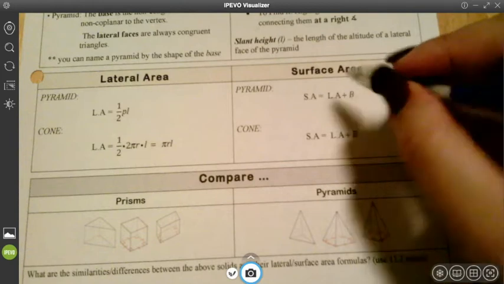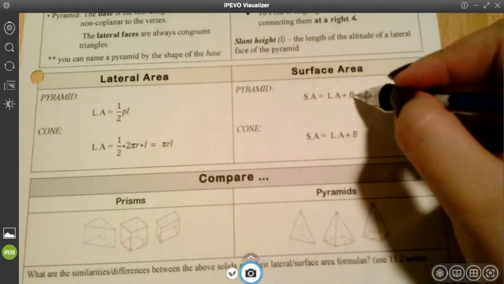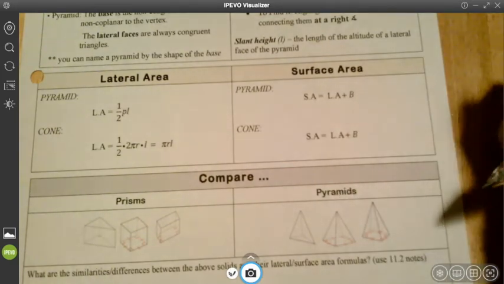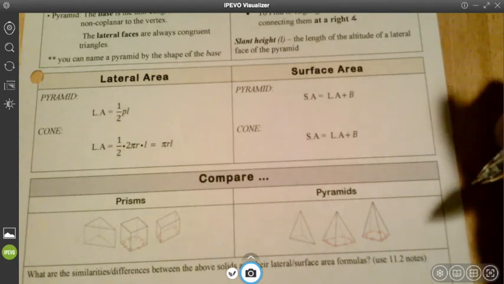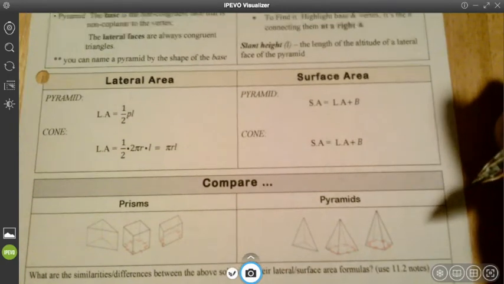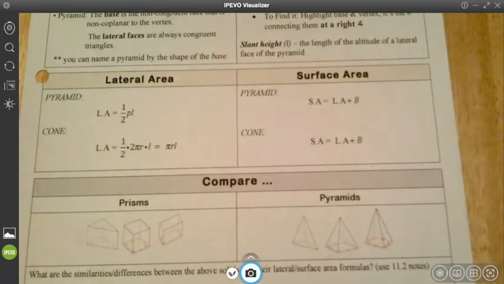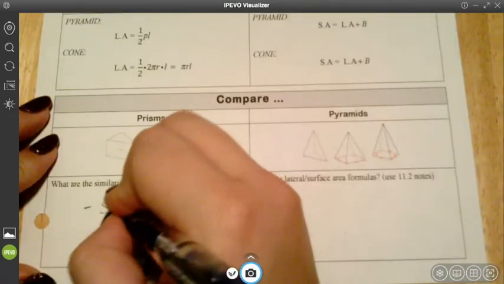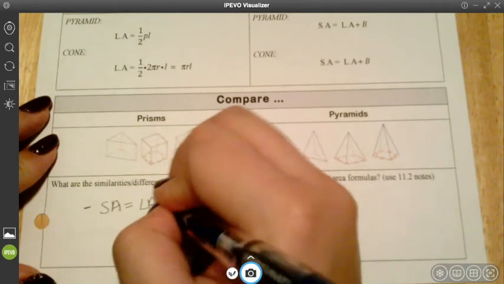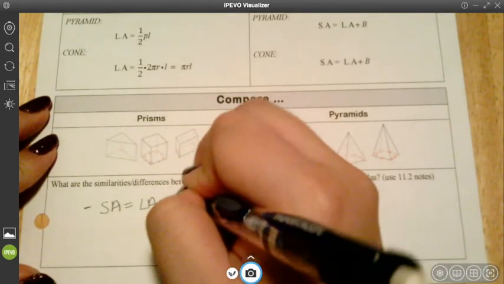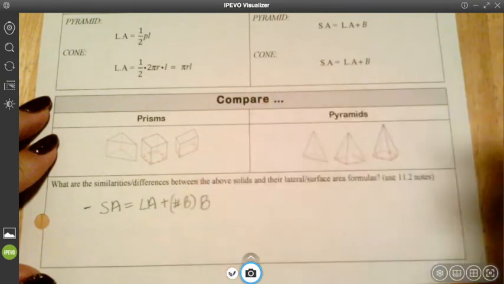For surface area, we're still taking the lateral area, plus now we have only one base. So very similar to what we were doing just before, except that now we have one base, and that base is at a slant. Surface area equals lateral area plus number of bases times the base area. That's the same.